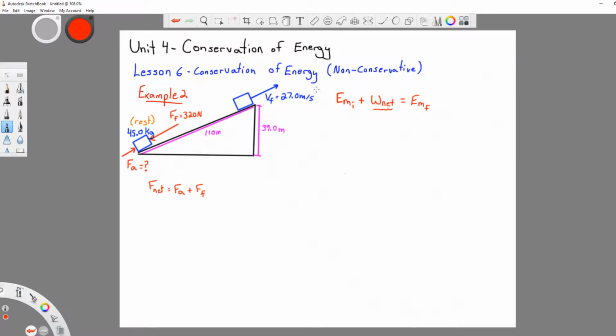Well, since work is force times distance, we could say that work net is equal to the work done by the force applied, so work done by applied force plus the work done by our friction force. Because essentially all we're going to be doing is multiplying each of these terms by the distance traveled.